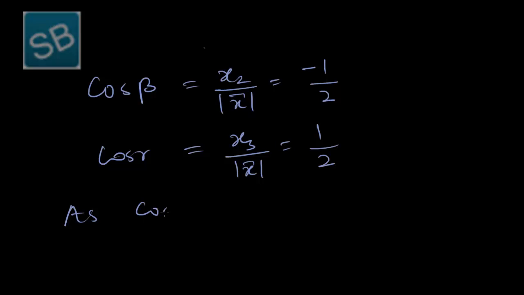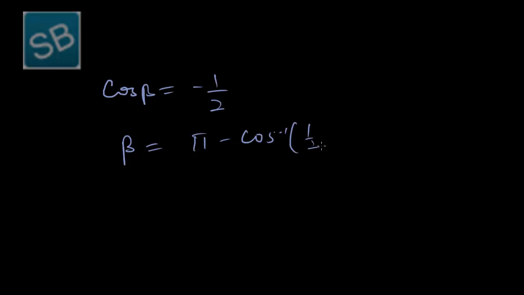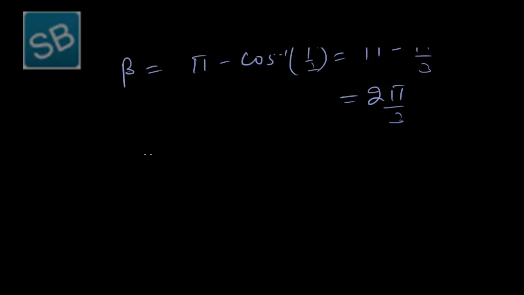Now as cos alpha is equal to 1 over √2, that implies alpha is equal to pi by 4. Now cos beta is equal to minus half, and as the value of the angle should lie between 0 and pi, it becomes pi minus cos inverse half. So it becomes pi minus pi by 3, that is 2 pi by 3, as we know the rules of inverse trigonometric functions.